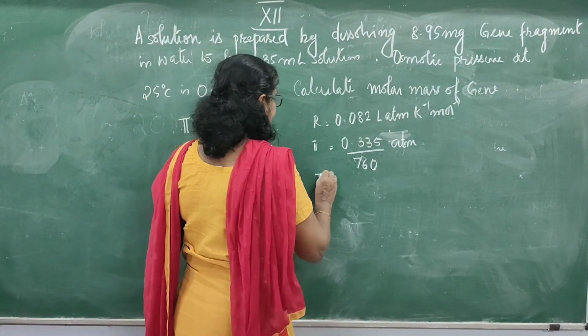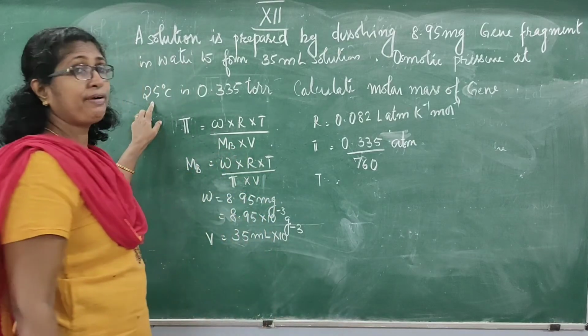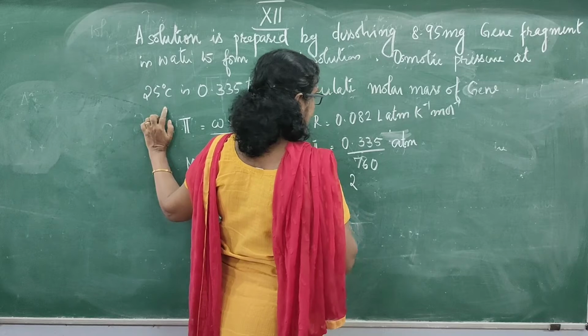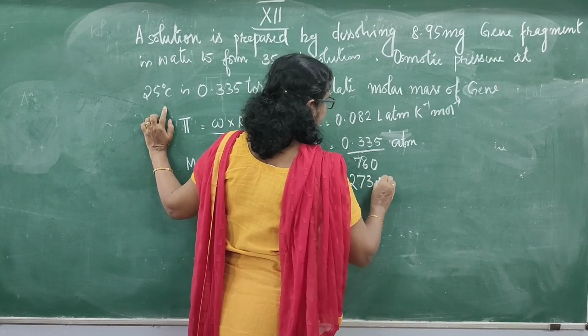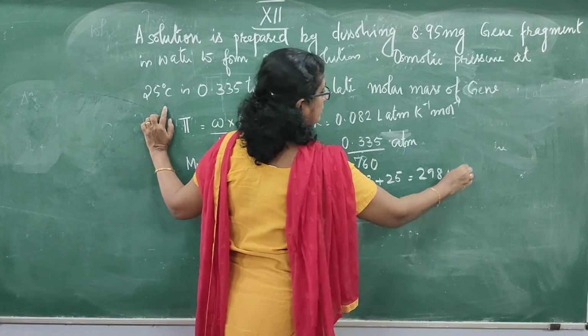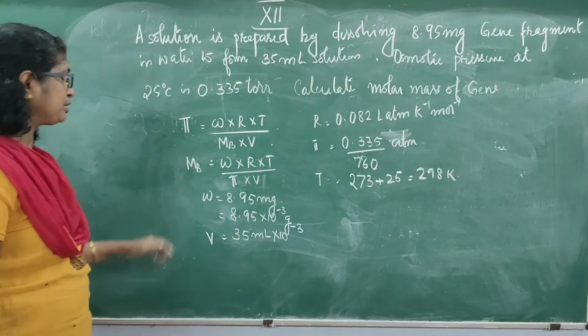Temperature. What is temperature T? This is 25 degrees Celsius. So you will have to convert to the Kelvin scale. Capital T is 273 plus 25, that is equal to 298 Kelvin. Now you will have to substitute.